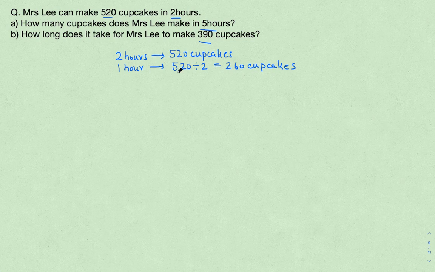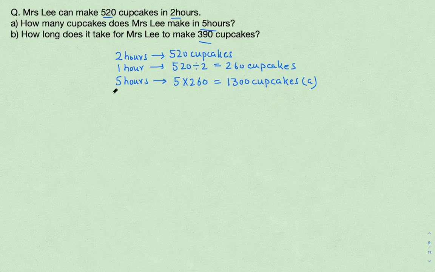Now since we know that in 1 hour she is able to make 260 cupcakes, we can easily find how many she can make in 5 hours. In 5 hours she will be able to make 5 times 260, that will give us 1300 cupcakes. So that answers our part A.